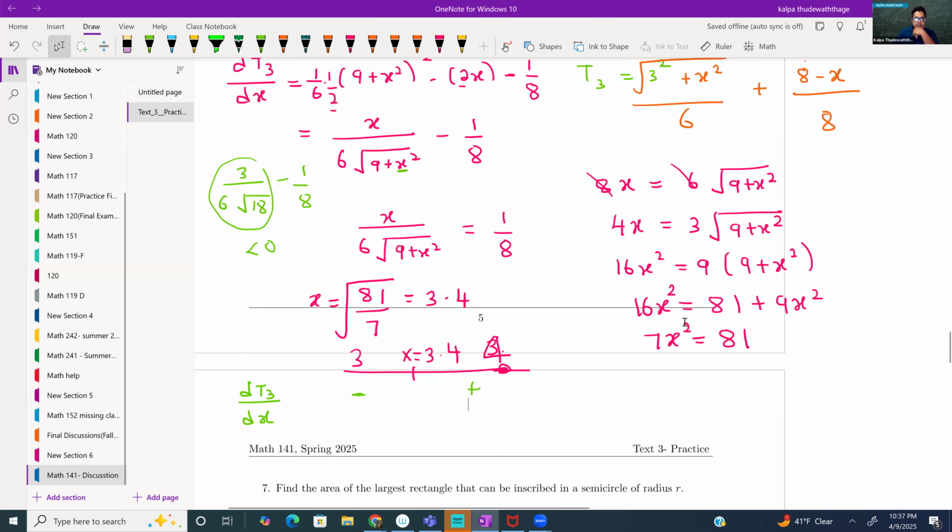And if you plug 4, you will get a positive number. You can clearly see what happens if you plug 4 here: it's 4 over 6 times square root of 25, so 6 times 5, minus 1 over 8.